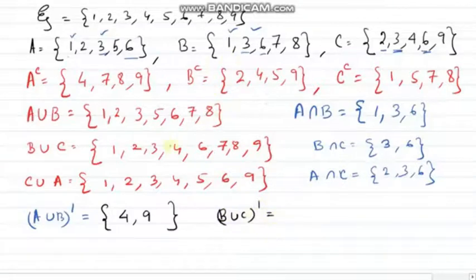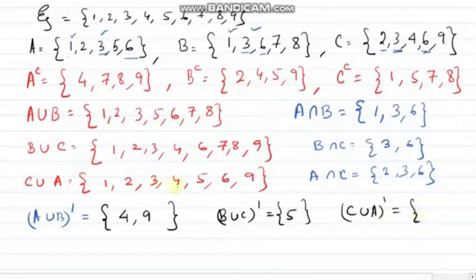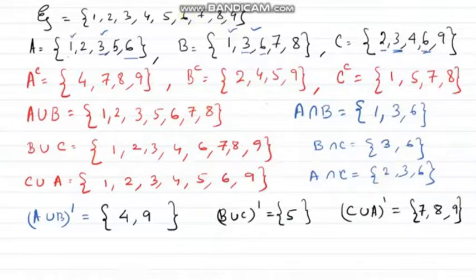It is 1, 5 only. What will be C union A complement? It is 7 and 8 only.